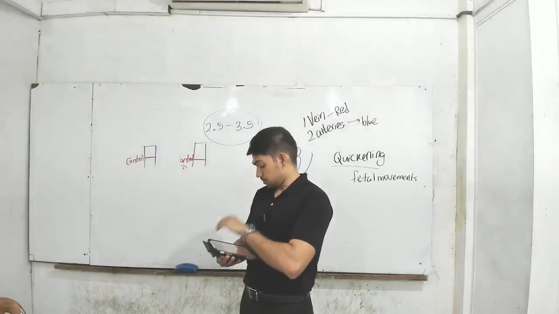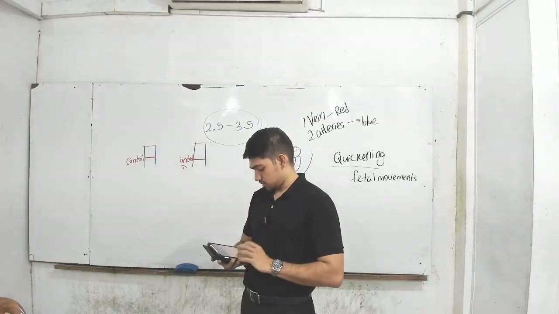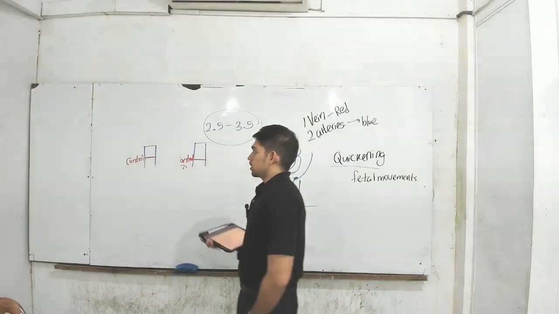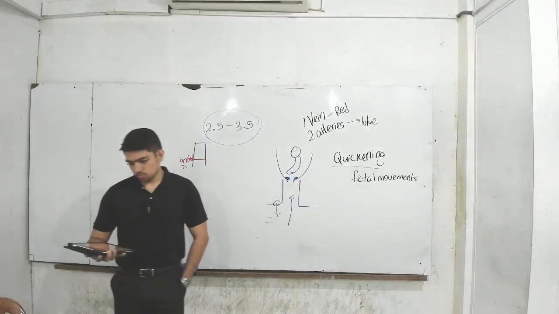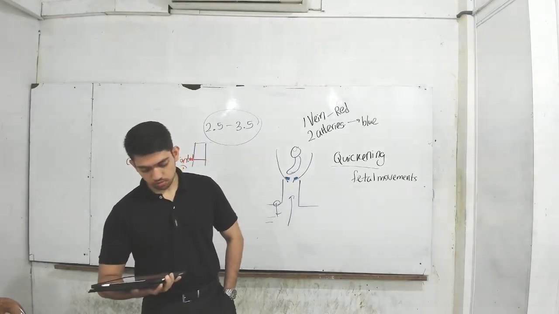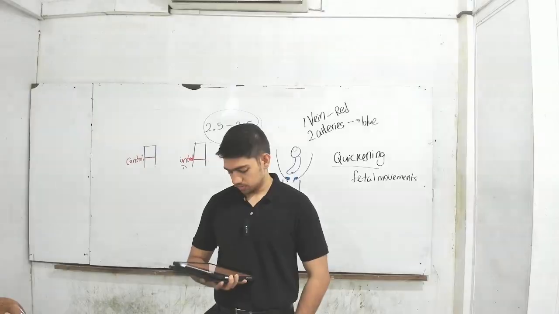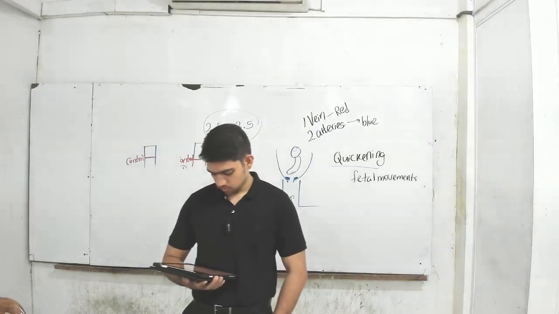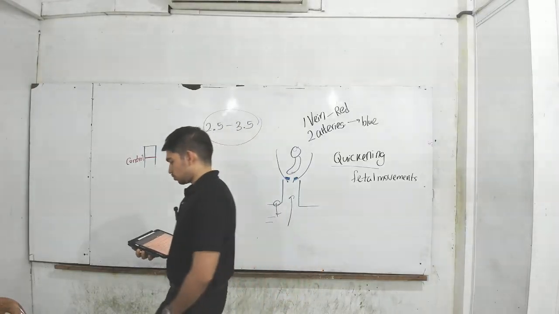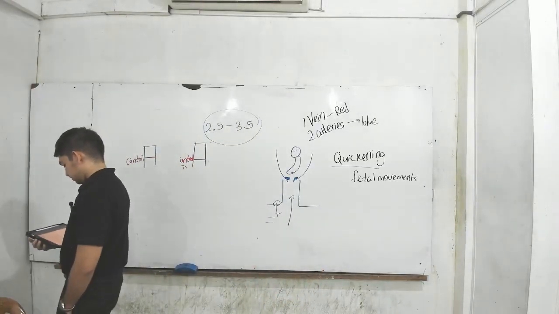Finally, menstrual flow phase. If implantation does not occur, corpus luteum disintegrates, one mark. Estradiol and progesterone levels decrease, one mark.